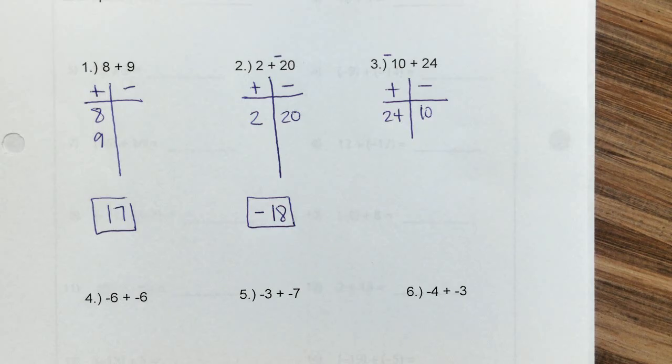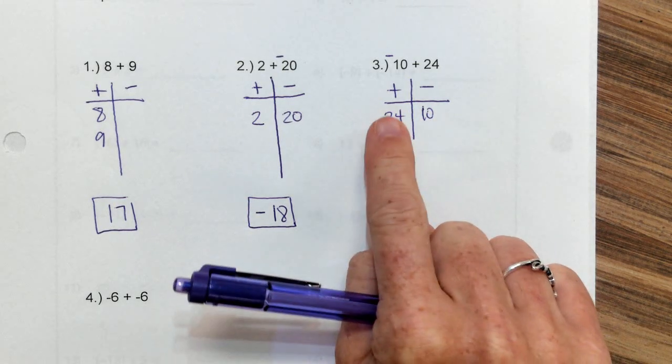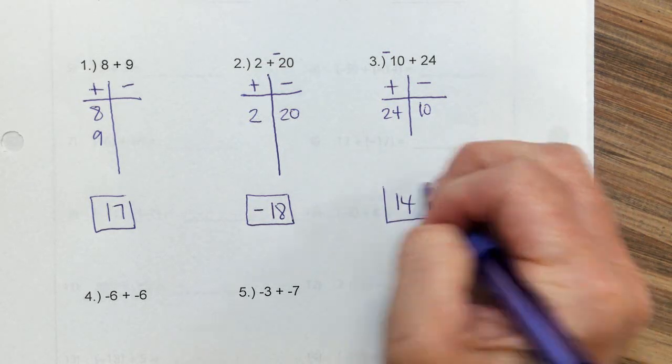If the signs are different, we find the difference. We subtract. So what's the difference between 24 and 10? And which one of these is heavier weighted? 24. So this gets a positive. I do not have to write the positive sign.